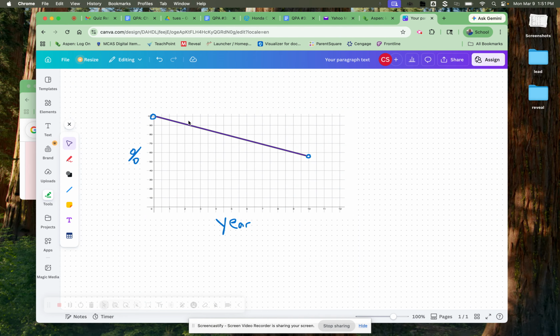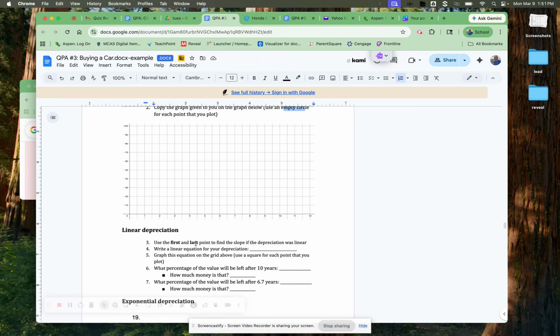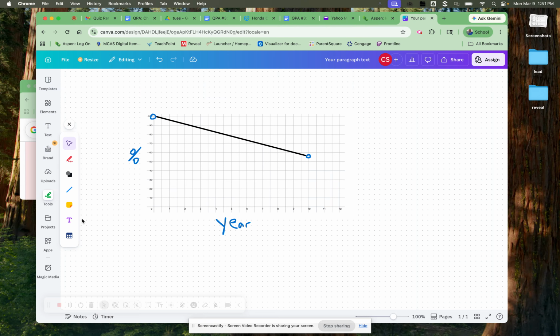So over 10 years, it's going to depreciate that much. And so we need to figure out our slope. If you remember, slope equals amount lost over the number of years. So how much did it lose? It went from 100 down to 58%.